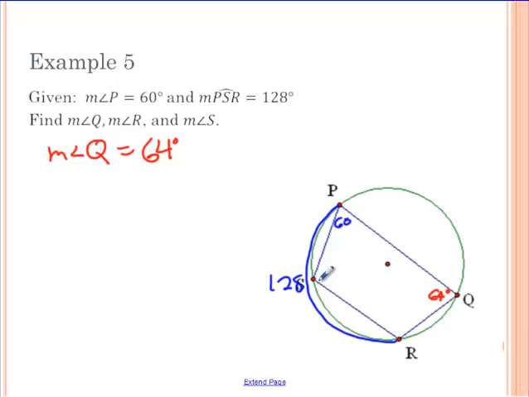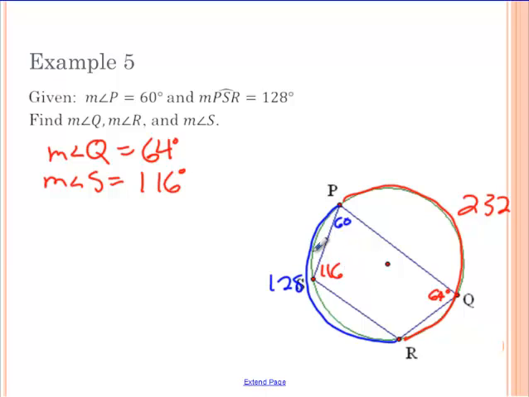Now, angle S actually cuts off the other part of the circle, the other half. So 360 minus 128 gets me that this side is 232, because 232 plus 128 equals 360 degrees, and half of 232 gets that the measure of angle S is going to be equal to that divided by 2, or 116 degrees.